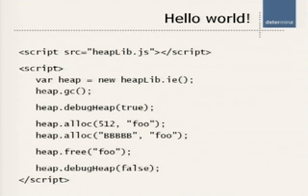So here's some simple code for how to use the library. First, we import our library with a script tag. It is called heaplib.js. It's a very imaginative name. Then we're going to create a new heap object, which is an instance of the heaplib.ie class.